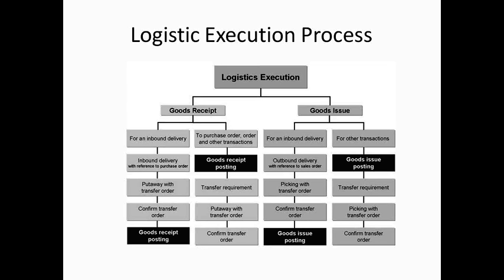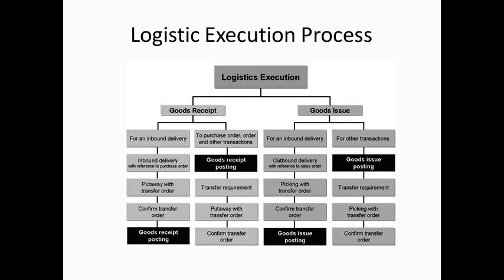So in the same way, the goods issue process. For example, when we are working with the STO process, intercompany STO process, in that, if you see the third column, an outbound delivery is created with reference to the sales order or with reference to the STO, anything.